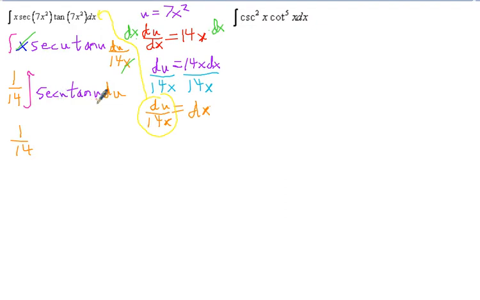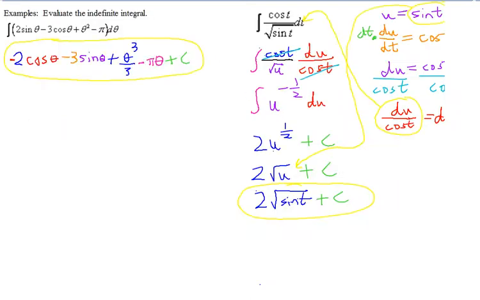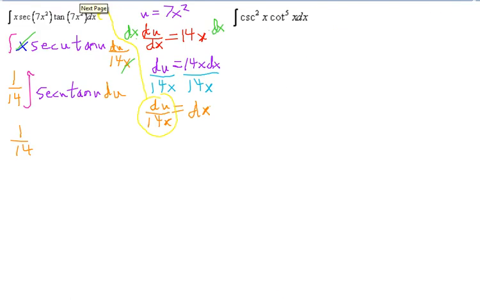So then secant u tangent u, that's one of our new integrals. Remember, it's just the reverse of our derivative formulas. The integral of secant u tangent u would be secant of u. And then plus c.